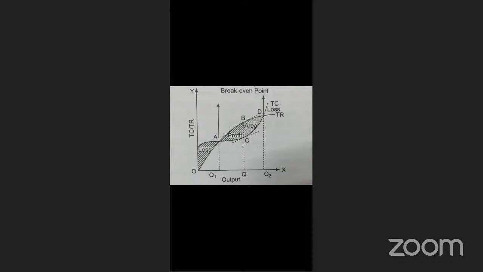So the firm will be in equilibrium when it produces the OQ level of output. Output levels below OQ1 and beyond OQ2 will result in a loss for the firm.